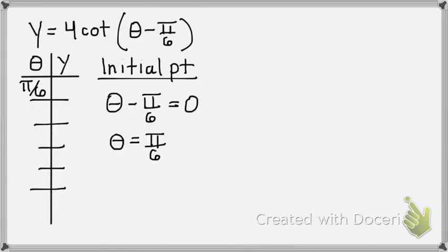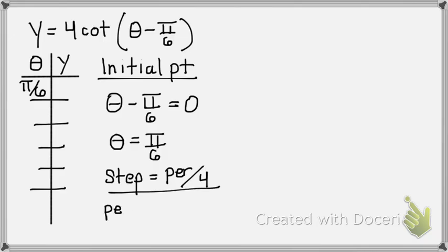Next, we want to find the step, and the step is equal to the period of the function divided by 4, and the period of the function is equal to pi over the leading coefficient of the argument.